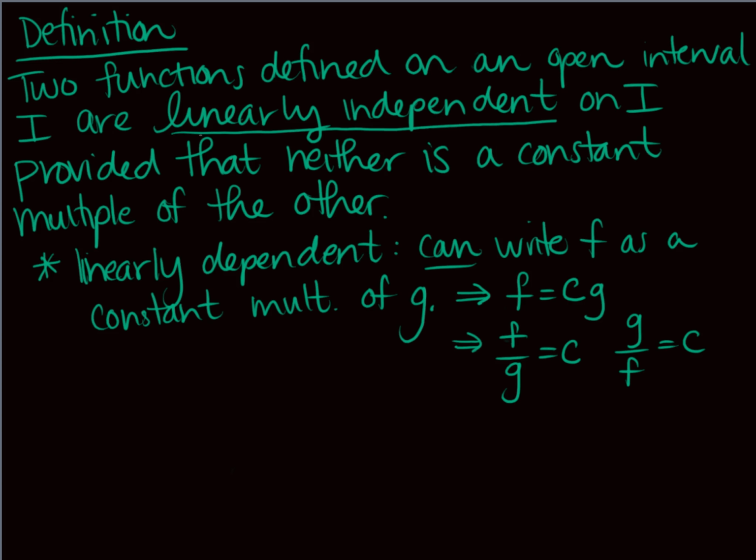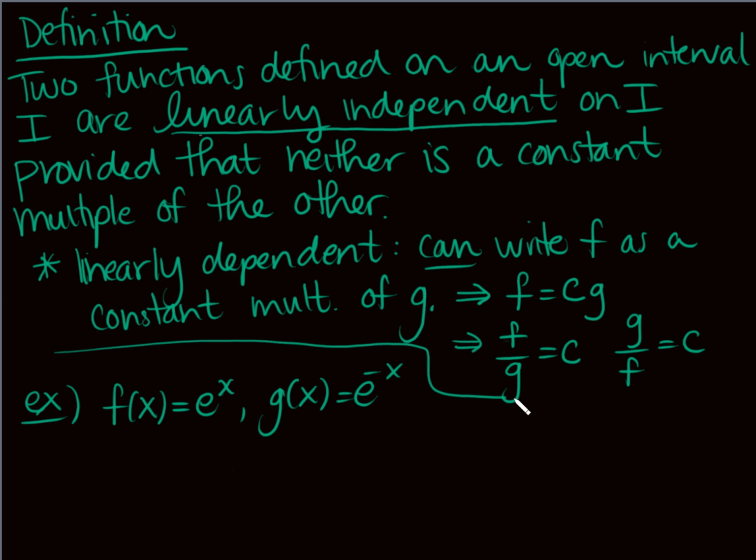Let's look at some examples of linear independence or linear dependence, and then we'll talk about how we can figure that out. For example, take the function f of x equals e to the x, the one we've just been doing, and g of x equals e to the negative x.